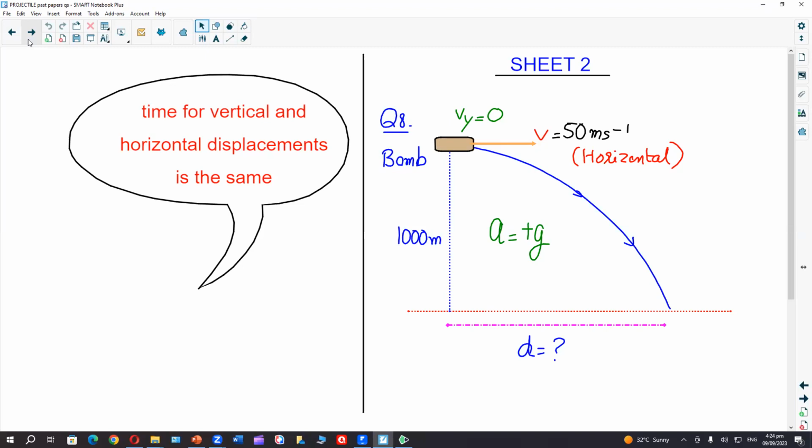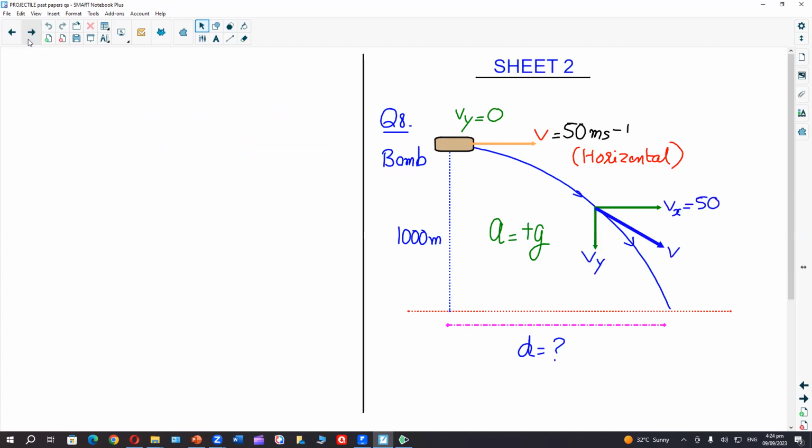I have shown the positive g, and if you start this working, look at the working here that I have shown. Look at the motion that I have shown, that after some time, the component of horizontal velocity is still at 50, but a vertical component appears now. So update the same diagram. We need to find D.